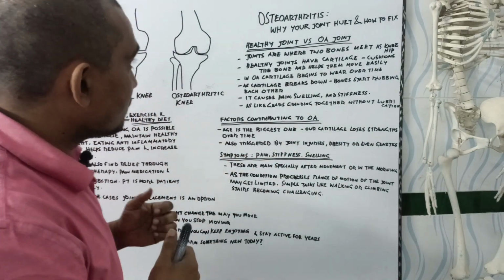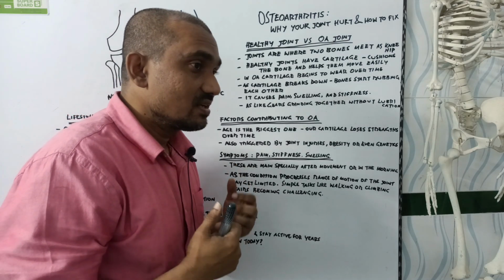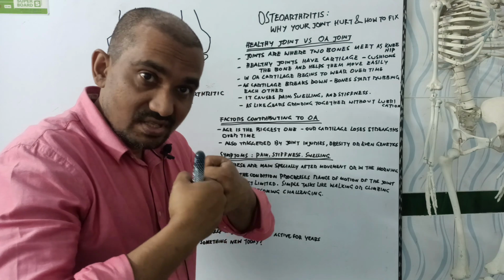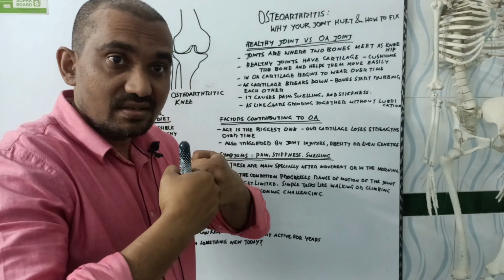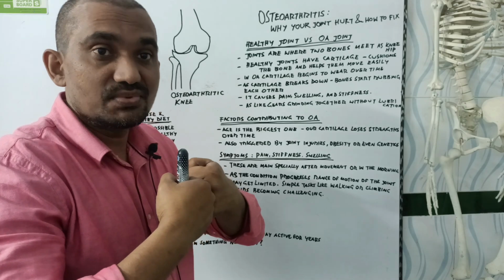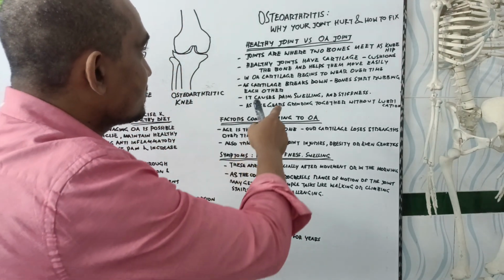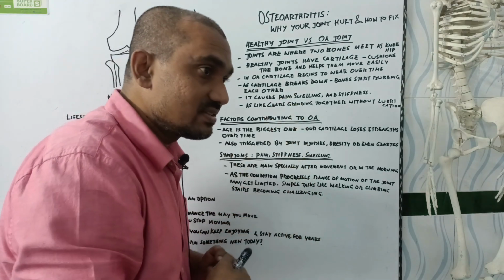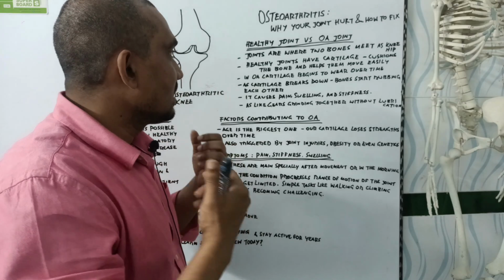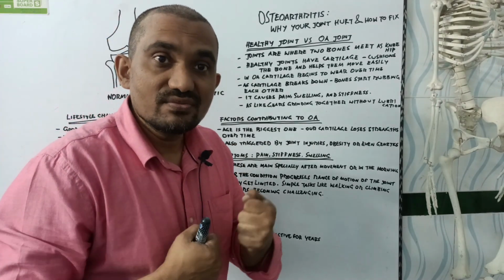Joints are where two bones meet, such as the knee joint and the hip joint, and they help to move the body. Healthy joints have cartilage, a cushioning material that helps the joints to move easily.